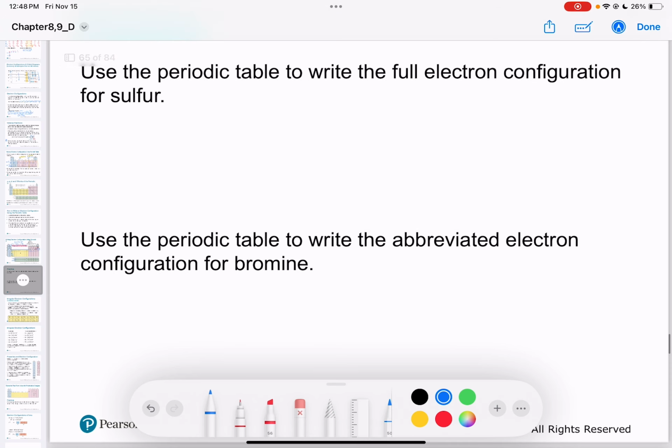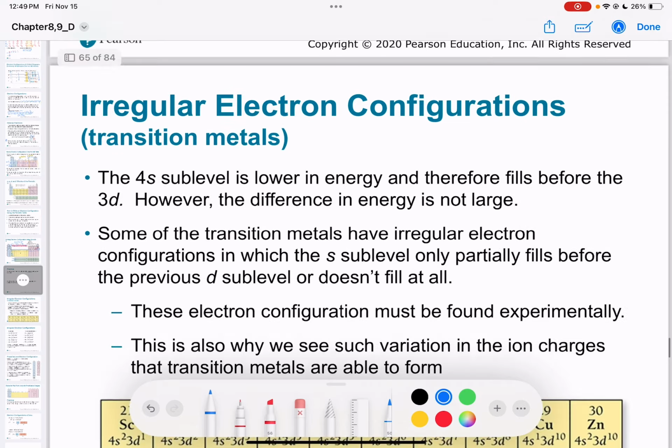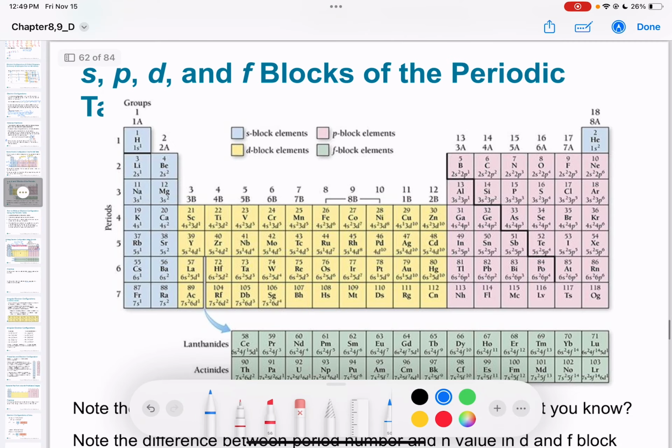Pause, do these two, and then come back and check your answers. So the first one is a full electron configuration. The second one is abbreviated. You'll want to look at a periodic table so you know where these are too.